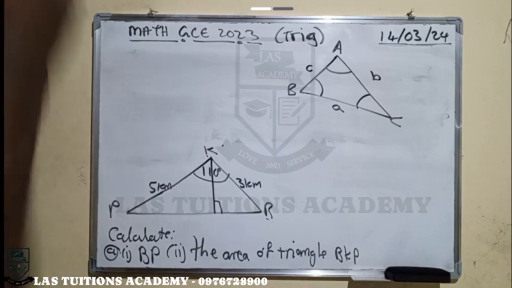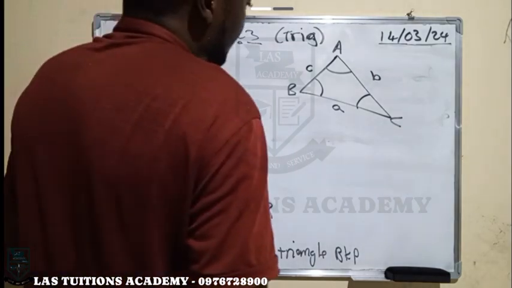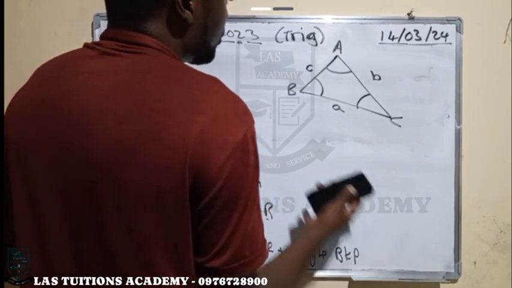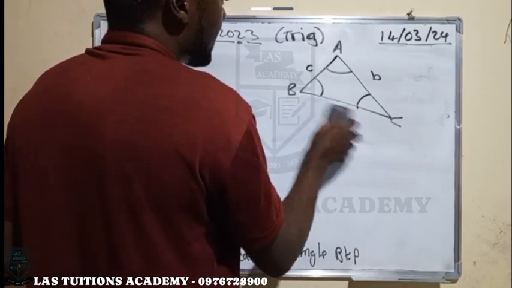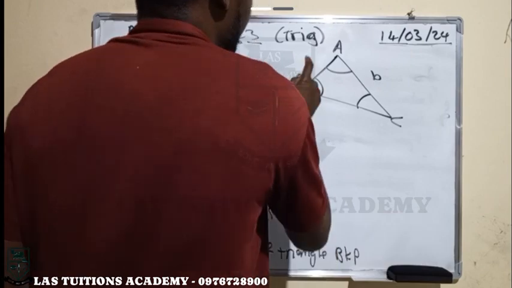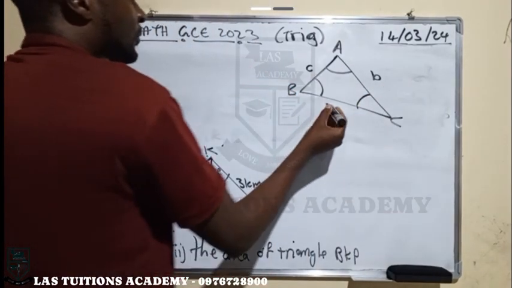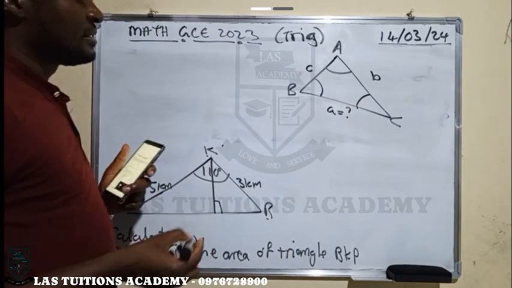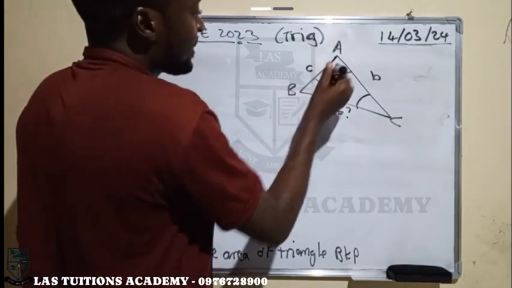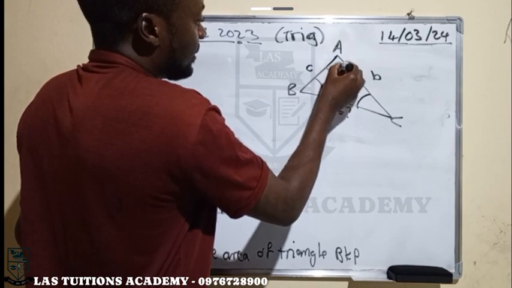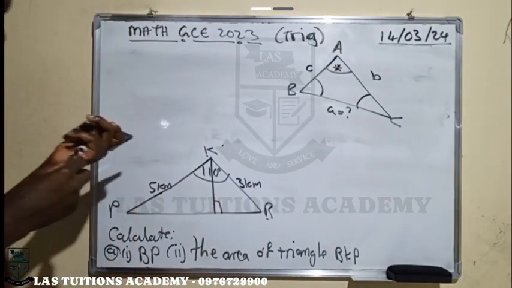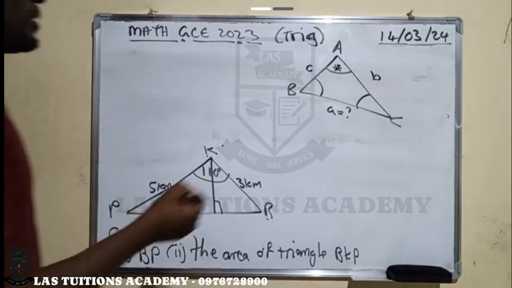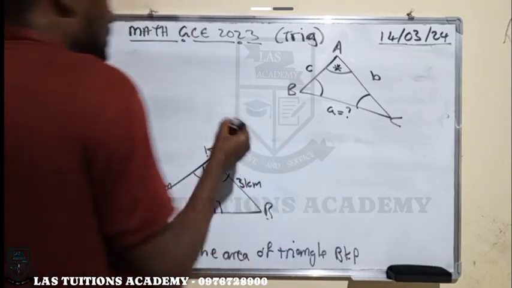Now, let's say we are given two sides, C and B, and we are asked to find A. A we are not given. Let's say we are given this angle here, angle A. So we're given angle A, and we want to find side A. What you do is this.